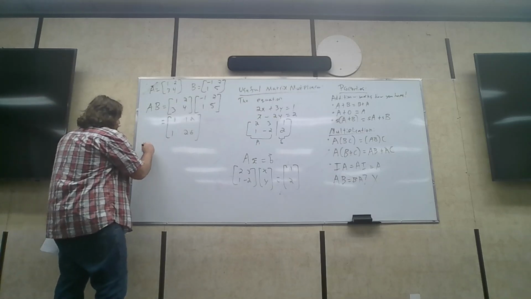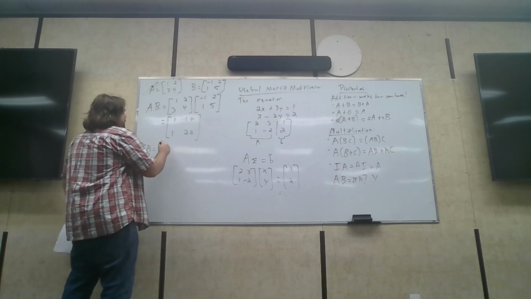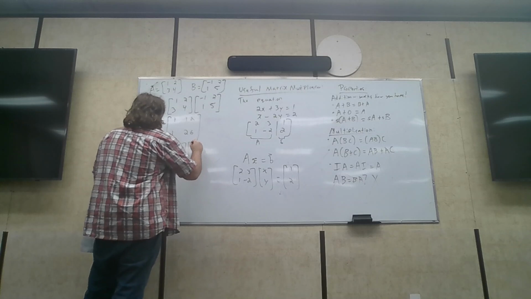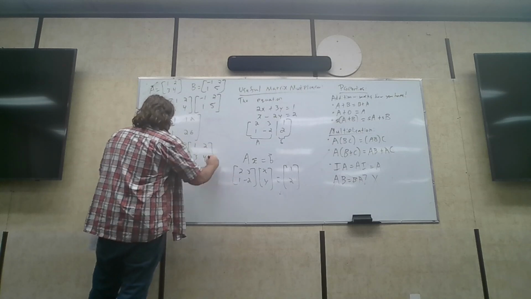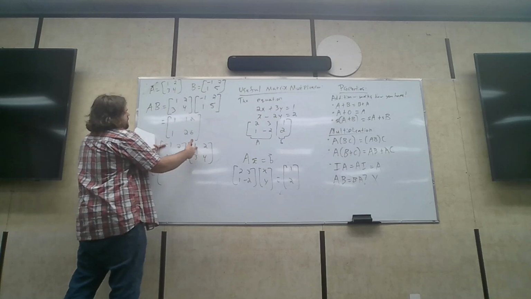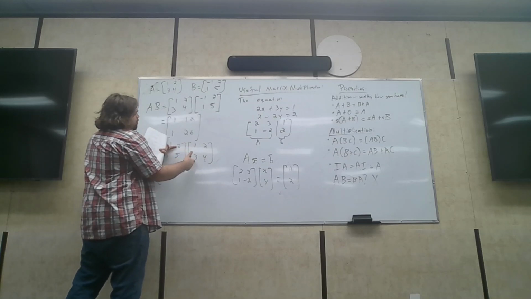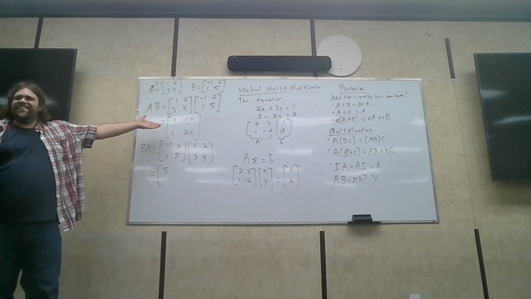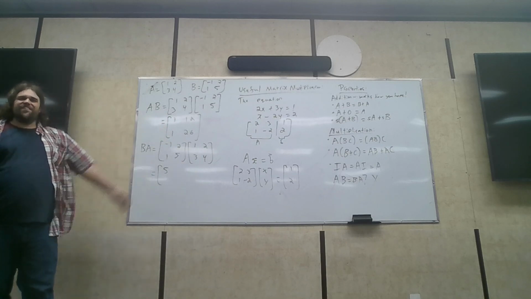What about B times A? Other way around: -1, 2, 1, 5 times 1, 2, 3, 4. So minus 1 plus 6 is 5. I didn't need to go any further. They already don't match, right?